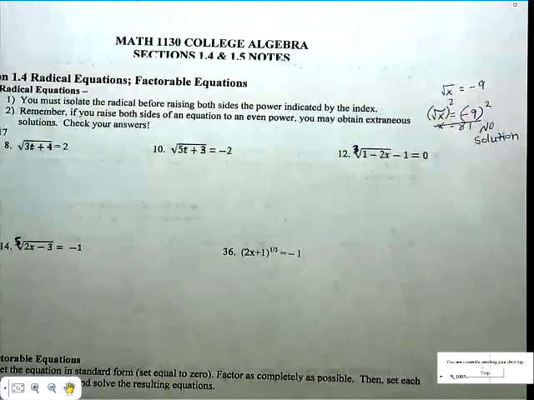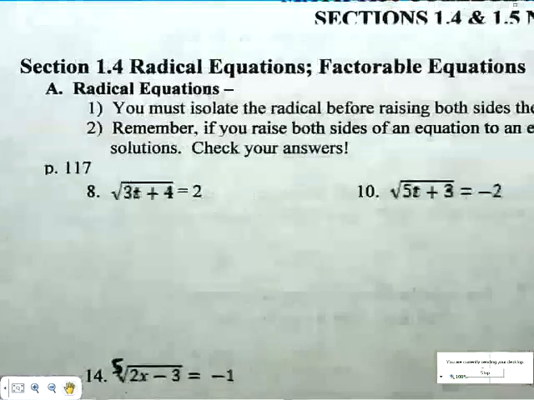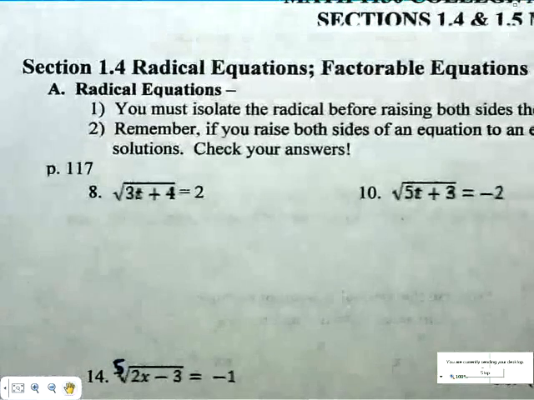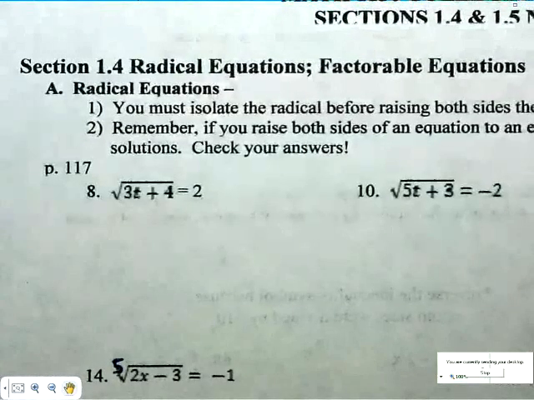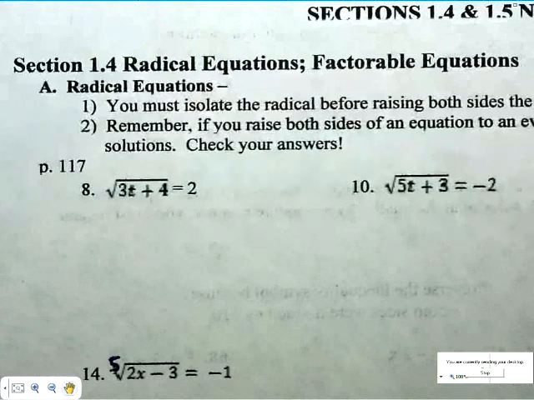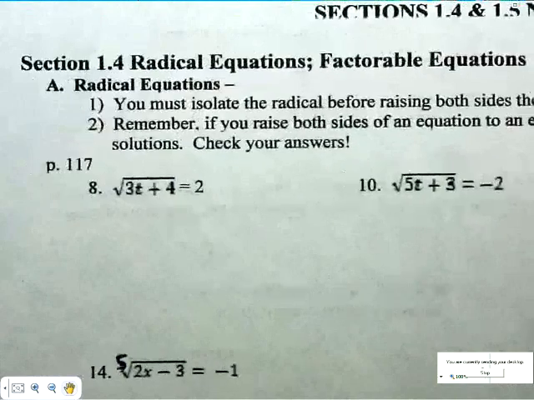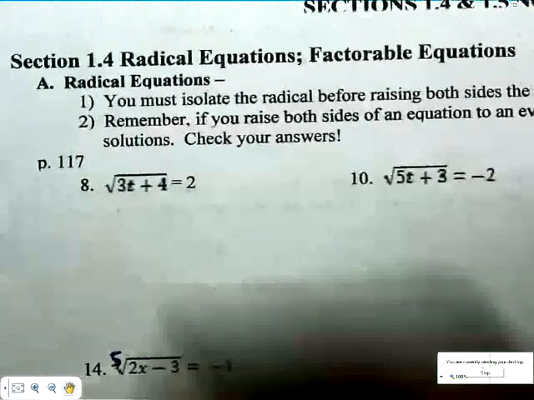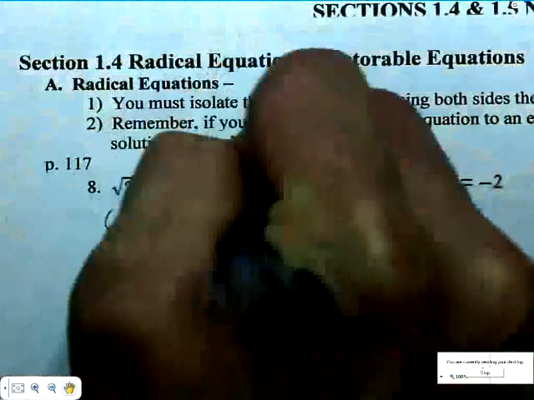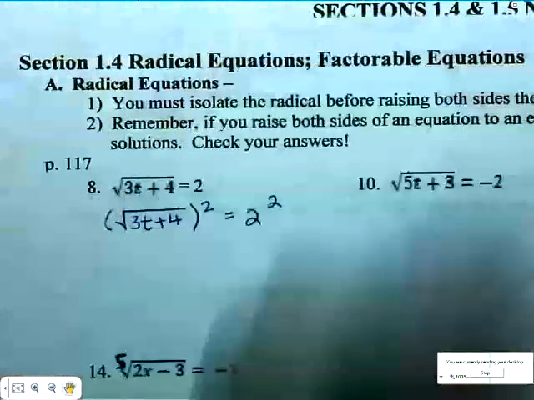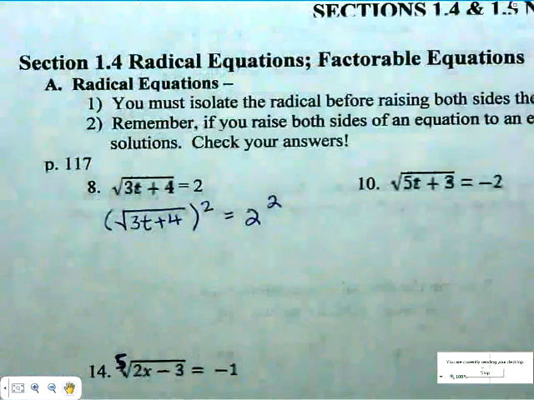For example, number 8, I want to unsquare root 3t plus 4. You unsquare root by squaring both sides. I do have the radical expression by itself. Make sure you look out for that. I do have the radical expression by itself, so I'm going to go ahead and square both sides, and it's a really, really good habit to never write on your original equation, because you're going to have to check your answer back in your original.